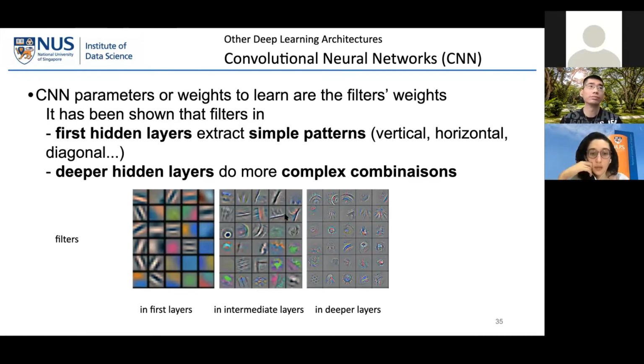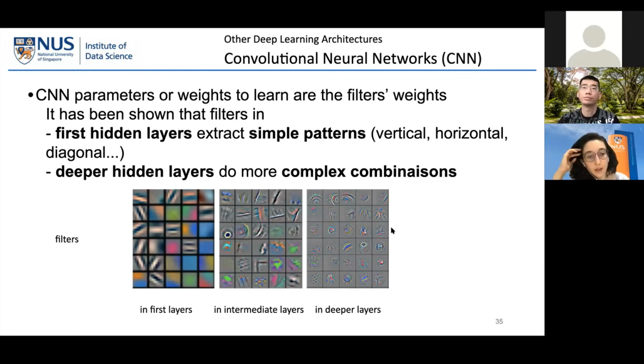But then the deeper you go in your filters, in your layers, the more complex the combinations can be. Okay, that may be possible then for a network to recognize a pattern like an eye or a bird's nose, stuff like that.